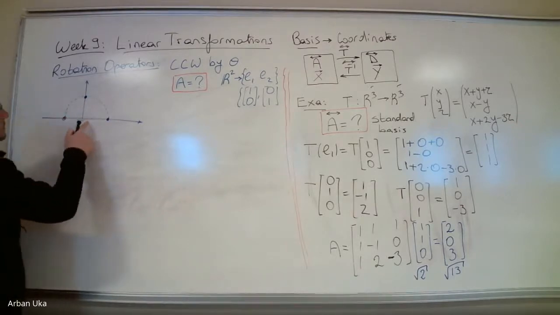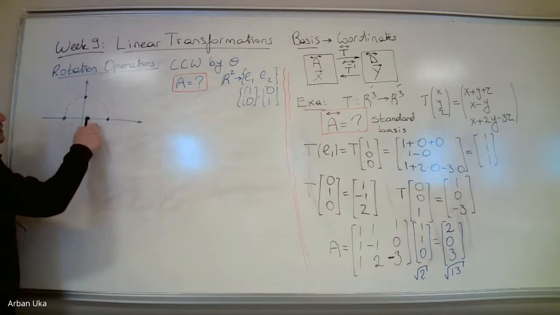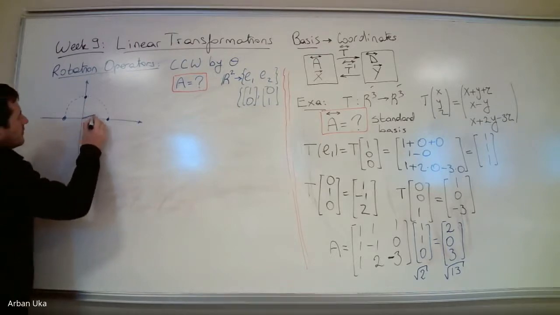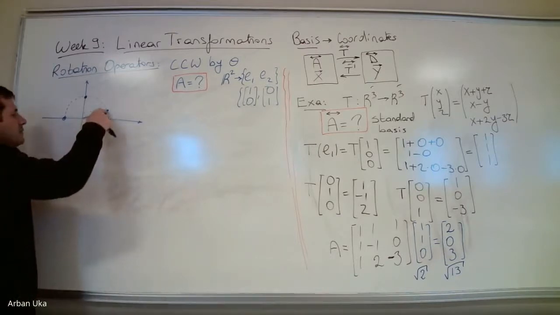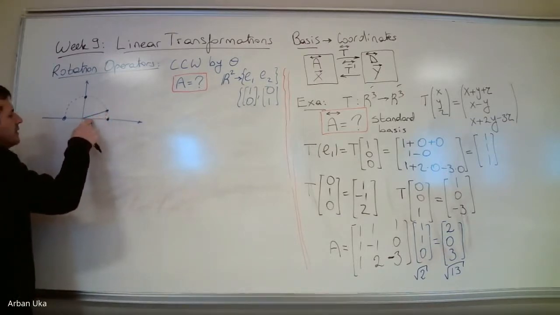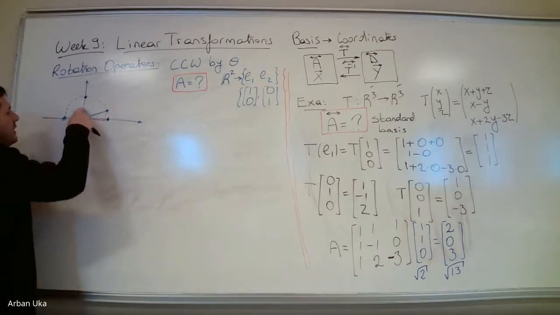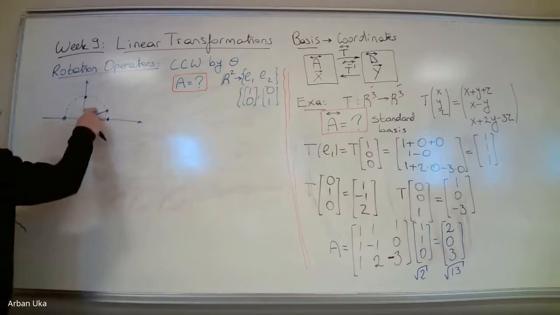What happens to this vector here if we rotate this one by an angle theta? This will be projected onto here, right? And here. Okay?